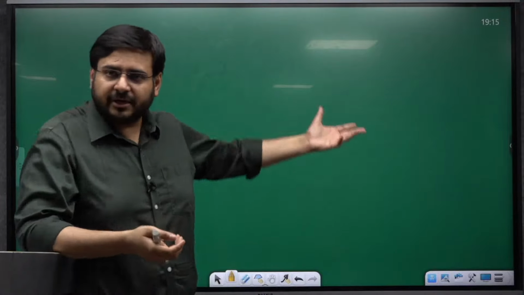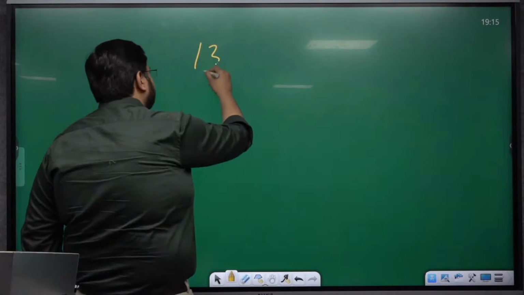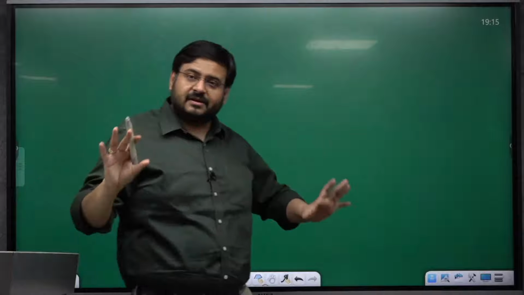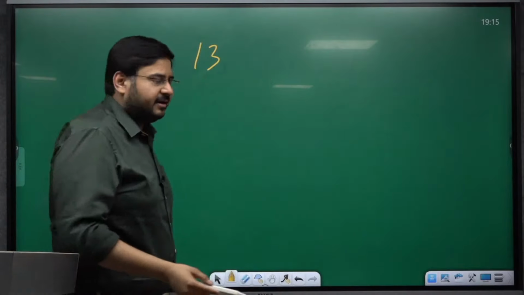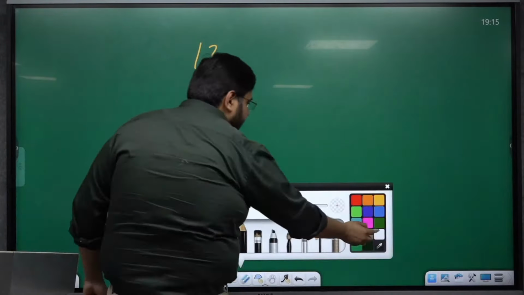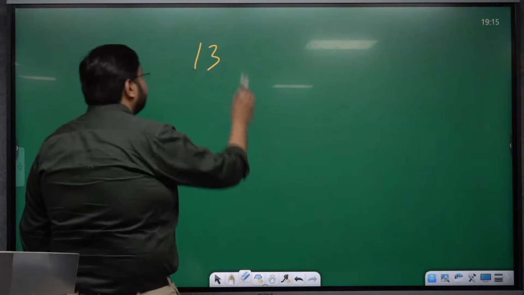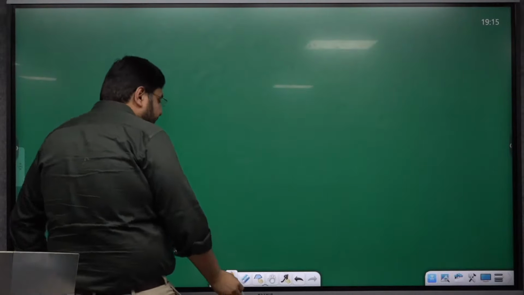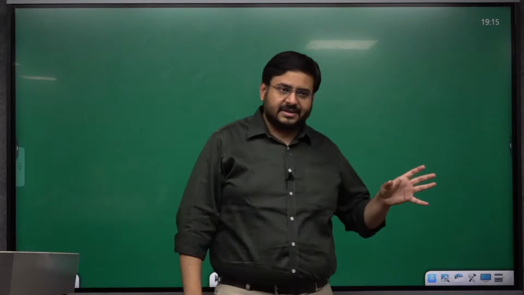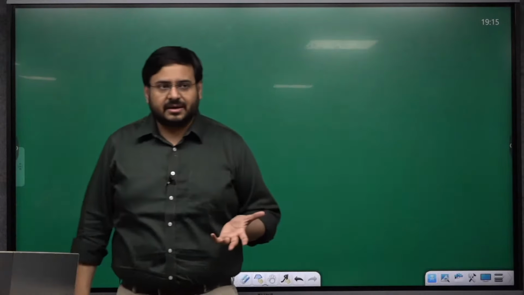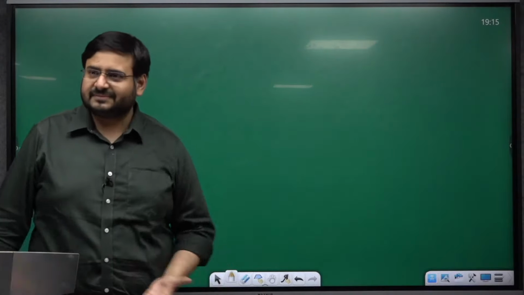Why confused? Article 13. The constitutional makers were very reader friendly. They said we know students will be confused, so they have given Article 13. Now you know Article 12 and 13 are not fundamental rights, because they are explaining the fundamental rights. I told you. Right?